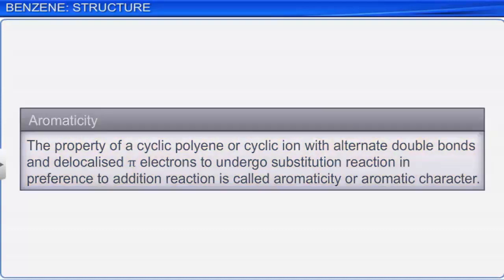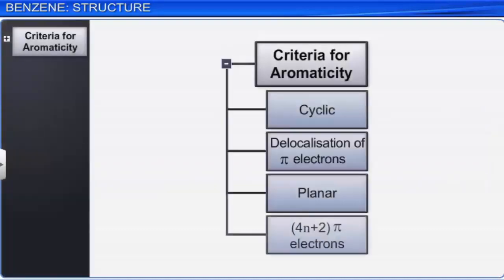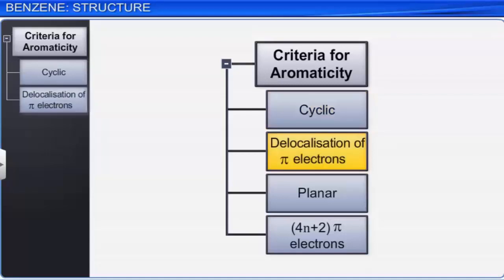Cyclic rings, heterocyclic rings or cyclic ions are said to be aromatic if they show the essential properties such as complete delocalization of the pi electrons, planarity, and presence of 4n+2 pi electrons in the ring.